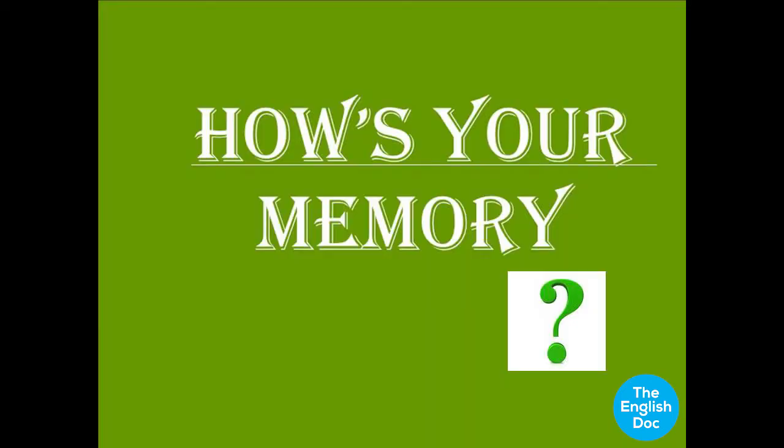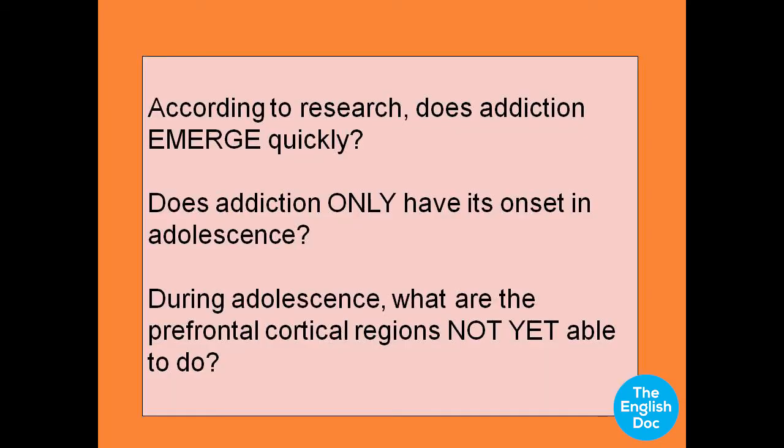Now let's test your memory, as memory plays an important part in learning. Answer these questions orally. According to research, does addiction emerge quickly? Findings show that it emerges gradually.